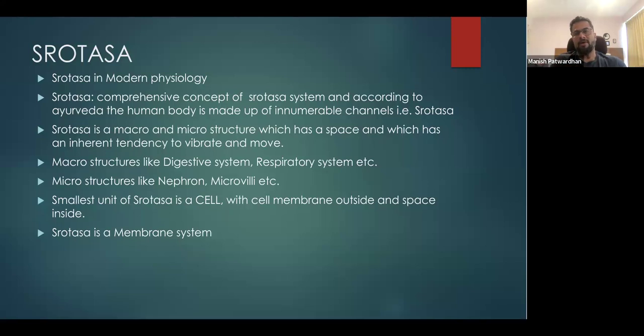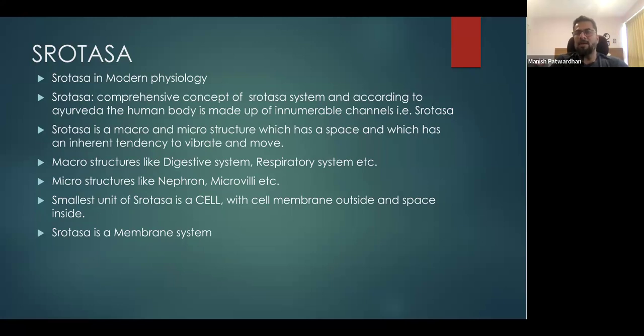Cells performing similar function will come together and form a tissue. Different kinds of tissues will come together to form an organ.